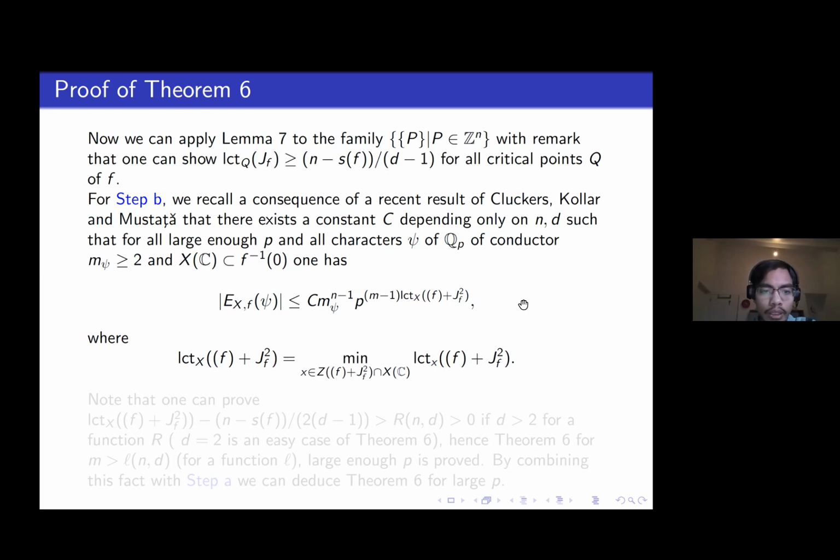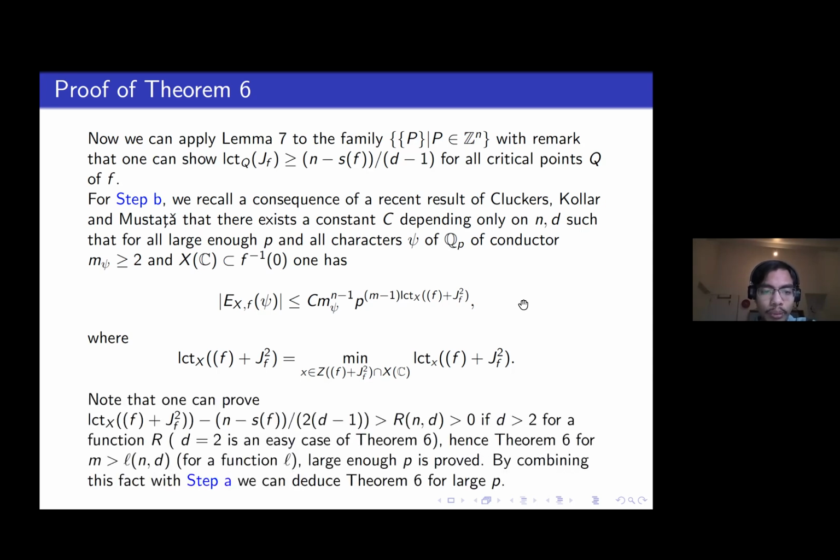And here I mean that the local log canonical threshold of this ideal equals the minimum of all local log canonical thresholds of this ideal at every point x in H_C intersected with the zero locus of this ideal.